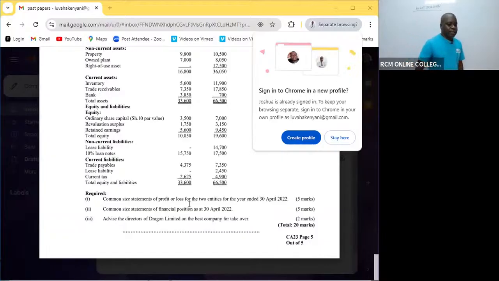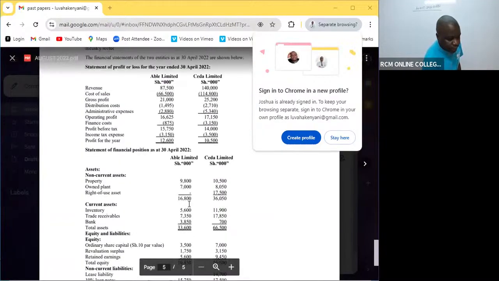So a common size statement with regard to vertical analysis, to see how the performance is occurring in these entities with regard to the base, which is the sales, and of course with regard to the total assets, total current liabilities and equity.